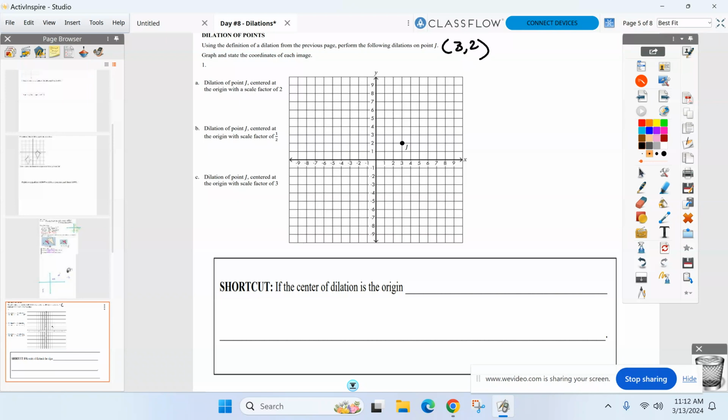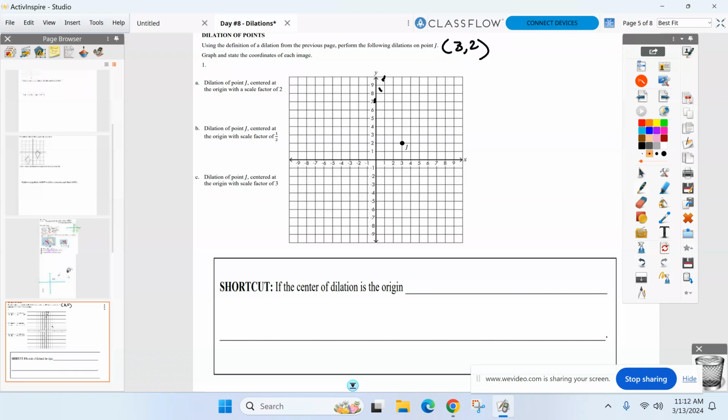Our scale factor is 2. First question, is point J going to get closer to 0, 0 or further away? Further away, right? Because if it's bigger than 1, it gets further away. Where exactly will it land? We're going to double the distance from the origin to J to find where J prime is. The way we're going to do that is with slope.